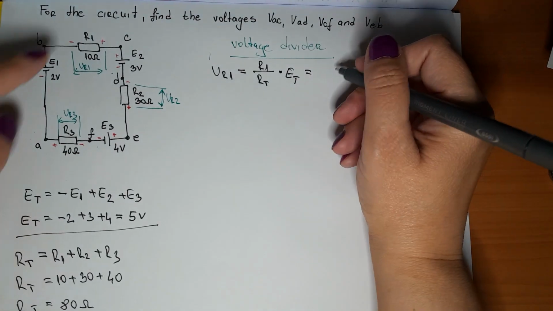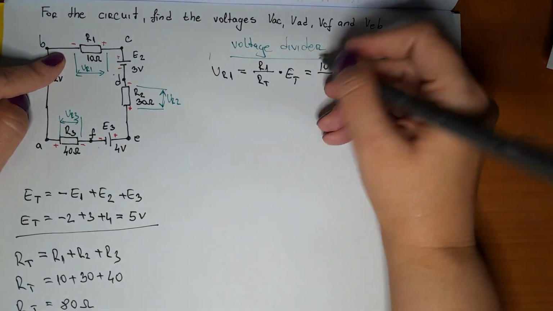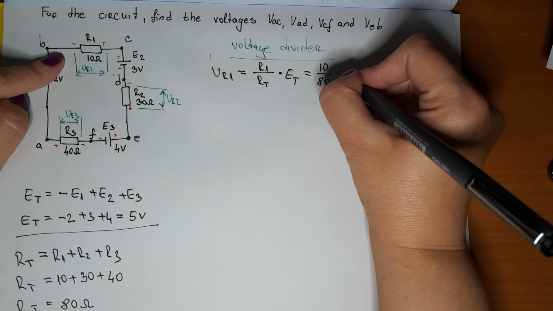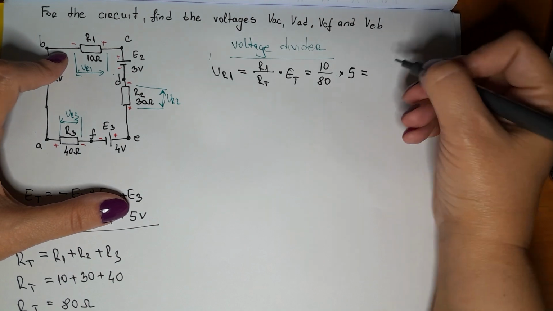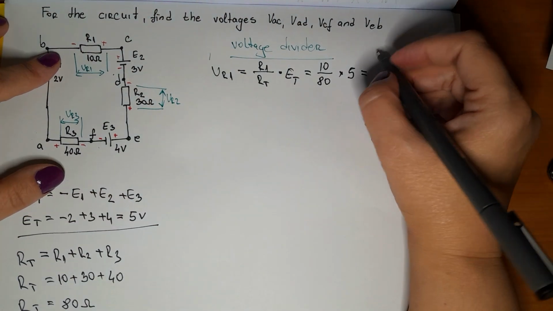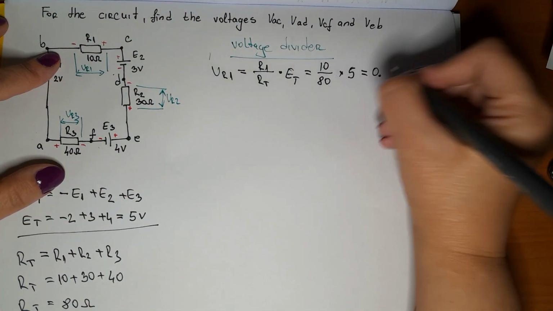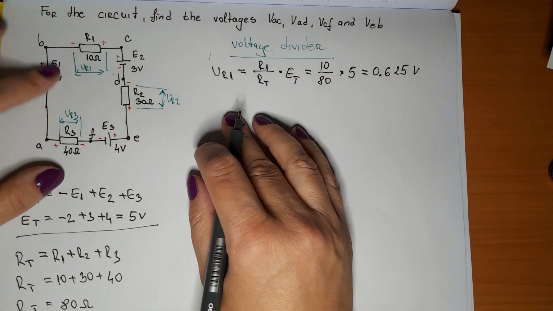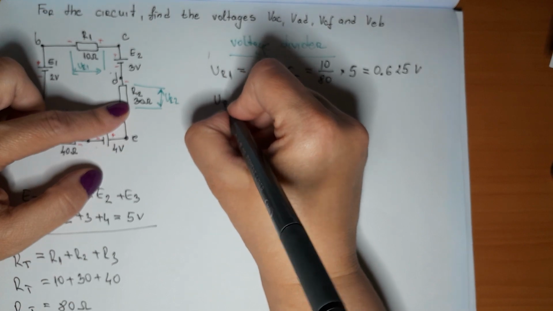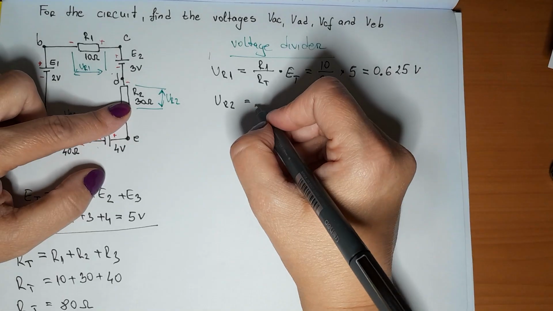So this is 10, here is 80 multiplied with 5, and that will be 0.625 volts.